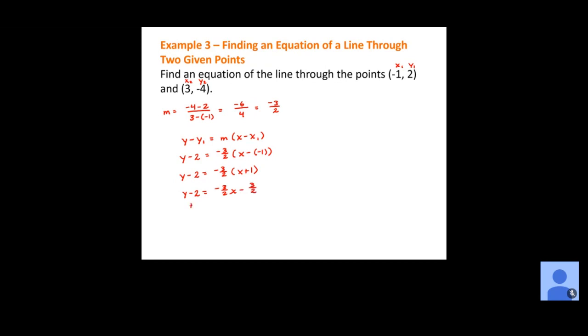And then if we add the 2 to both sides, we're going to have y equals -3/2 x. And then if we add 2 to -3/2, what would that give us?